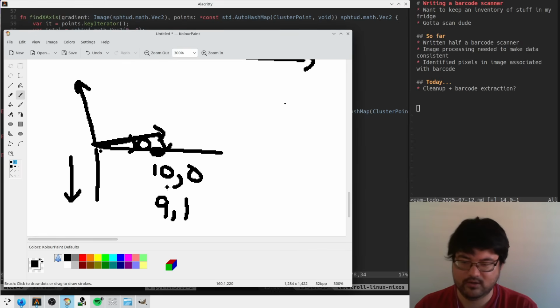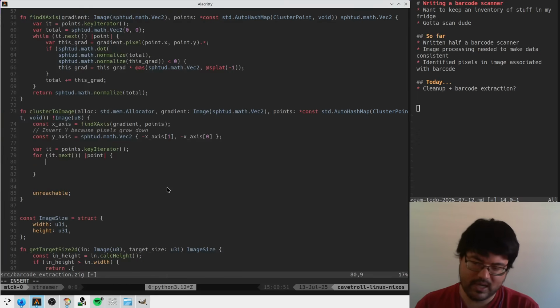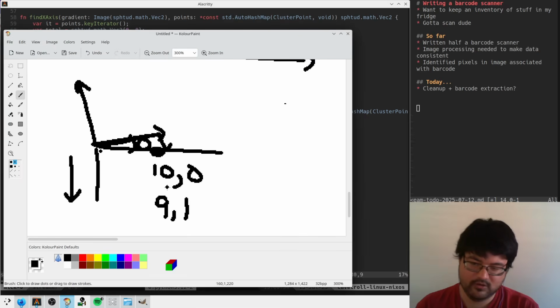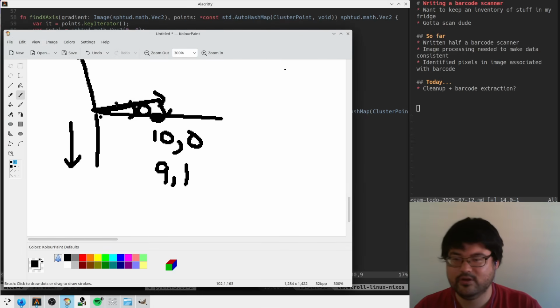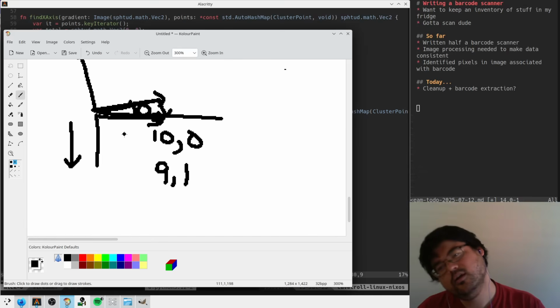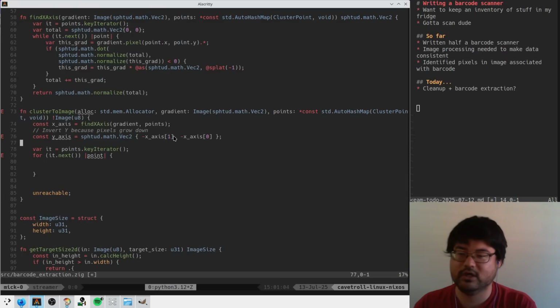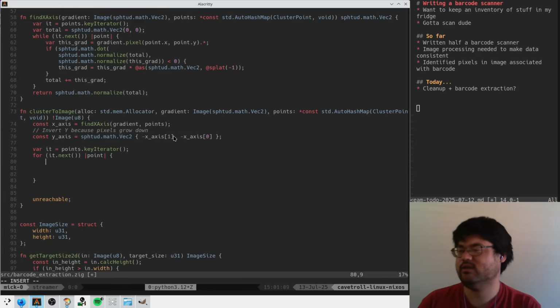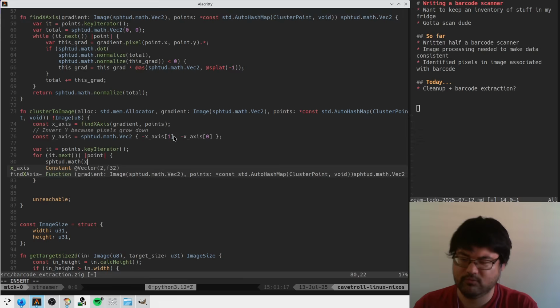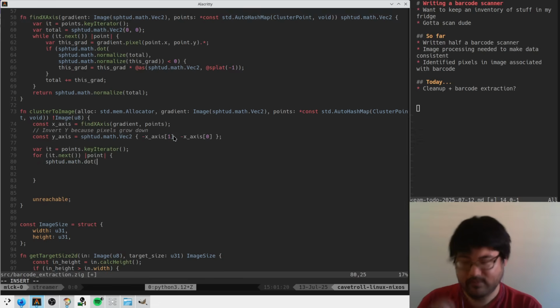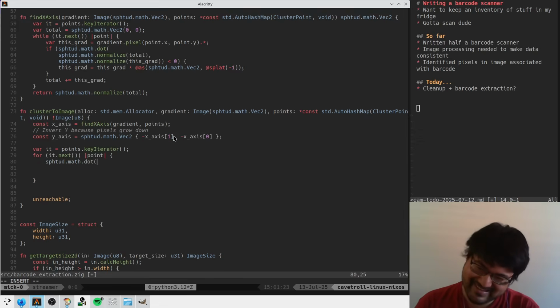Okay. So now we have the cosine is a dot b. We need to normalize this. This is normalized, so this is normalized, which means I think we do math of x-axis. We dot product the x-axis with point.